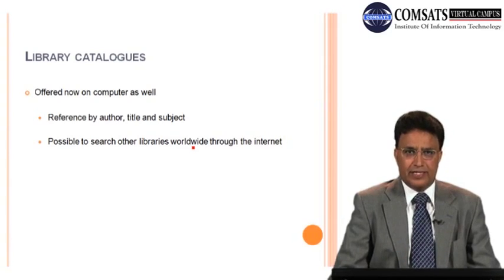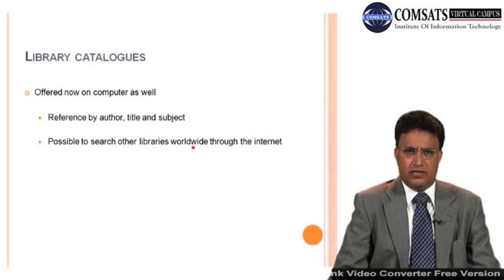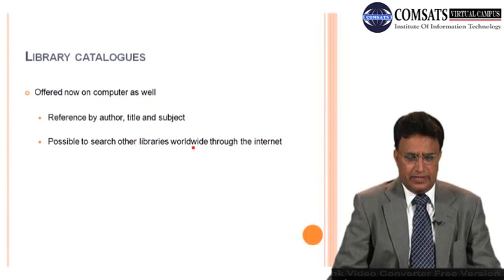If you want to find a book, you can use any of these searches by finding the name of the author, title of the book, or the subject. Is it social sciences, or botany, or zoology, or English literature, or language and linguistics? There will be a separate coding for that as well.